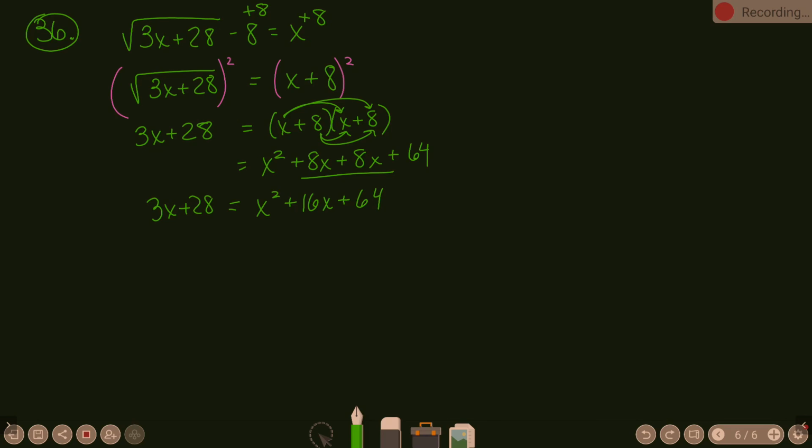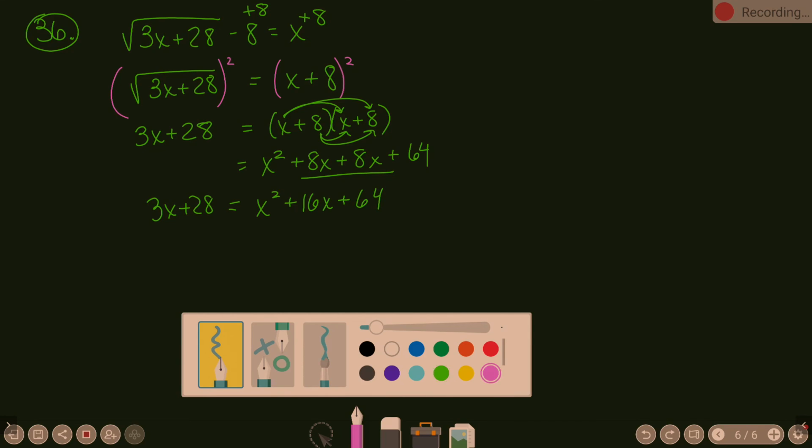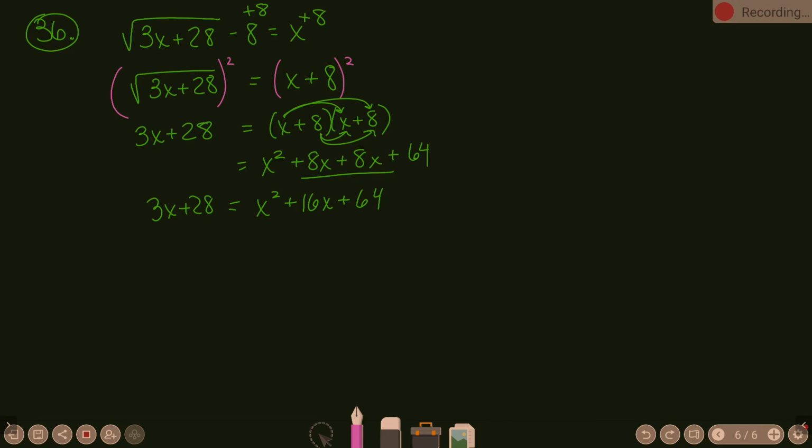We need to make the equation equal to 0. I'm going to keep my x squared positive. That's how I like to do this. To move a positive 3x, I'm subtracting 3x. To move a positive 28, I'm subtracting 28.